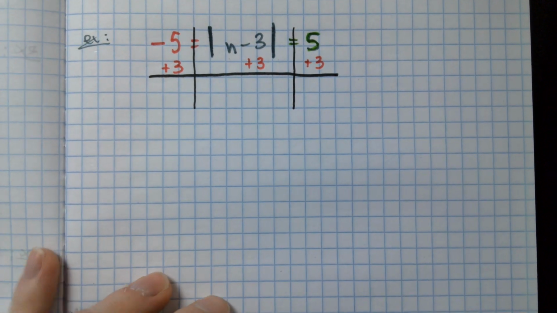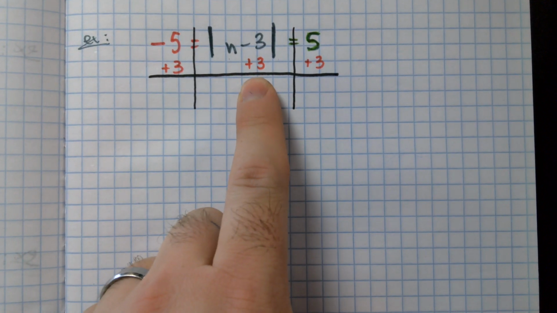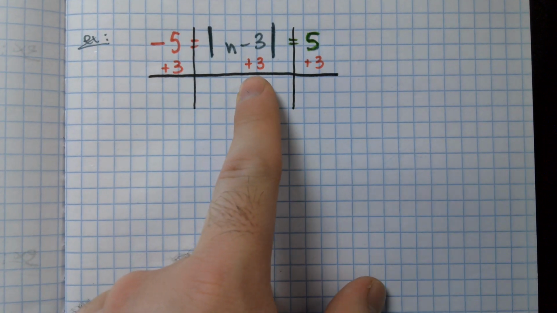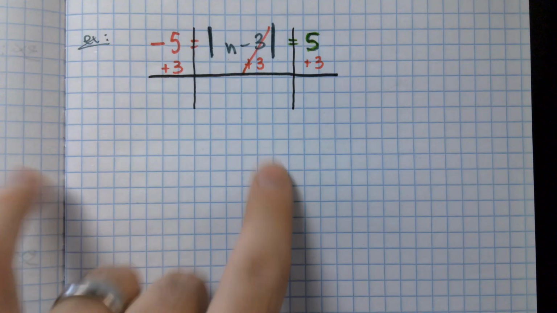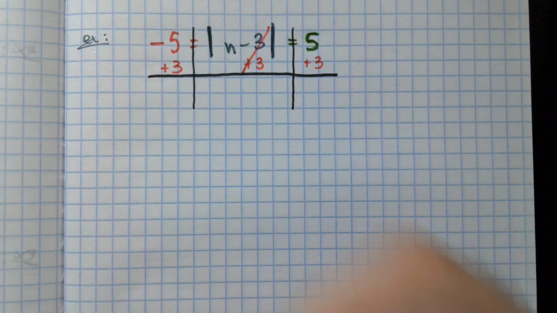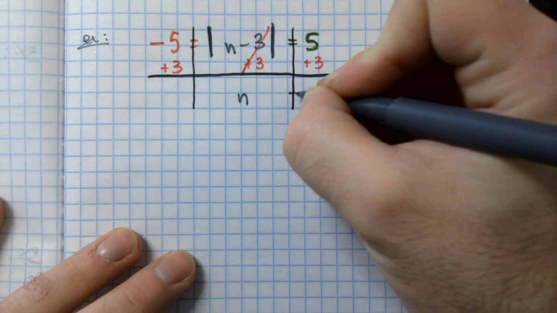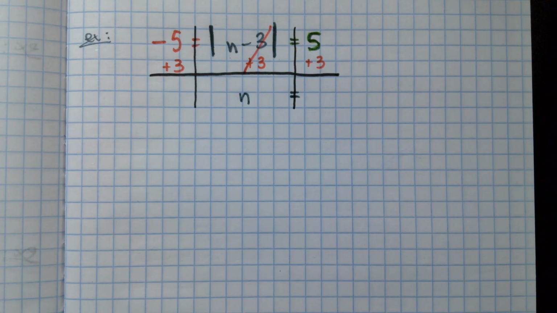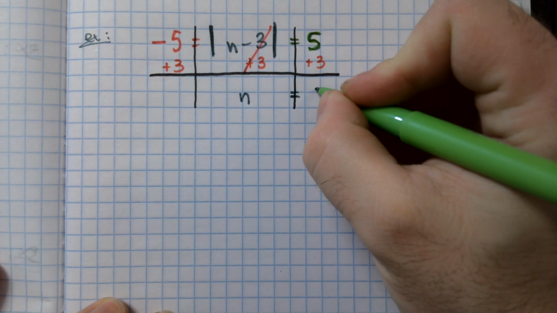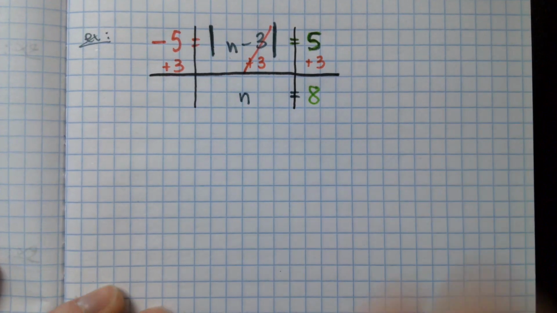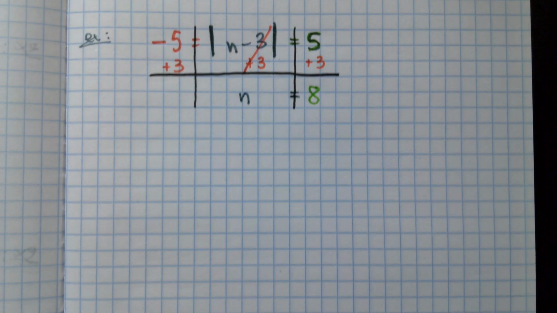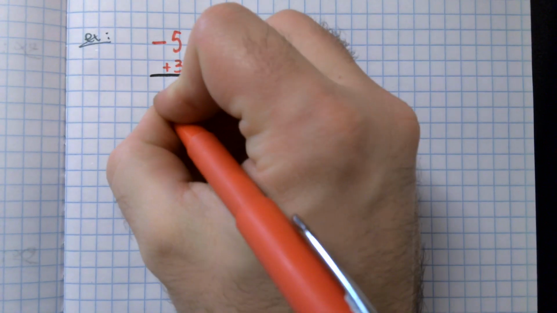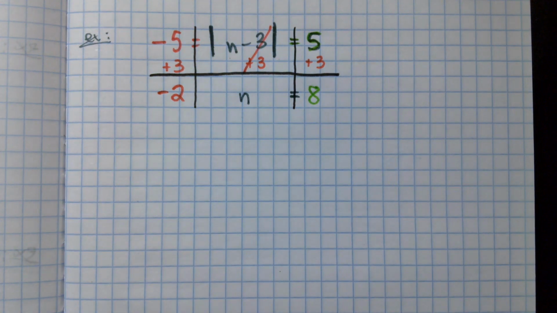All right. What happens to my pair of 3s in the middle? 0. Cross them out. Leaving me with n is equal to, well, what's 5 plus 3? 8. What's negative 5 plus 3? Negative 2.